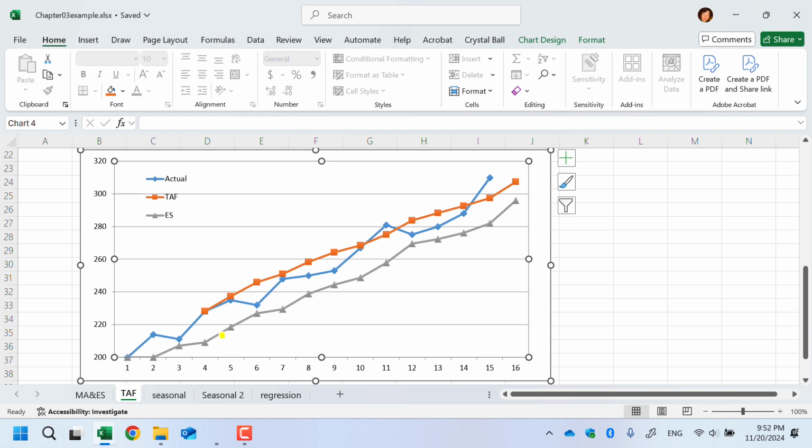However, that happened one or two periods later, right? So that's a lag. But if we use a TAF, actually our forecasting, obviously this is not exactly correct, but it actually moves with the data points indeed. So you catch up to your movement pretty quickly.